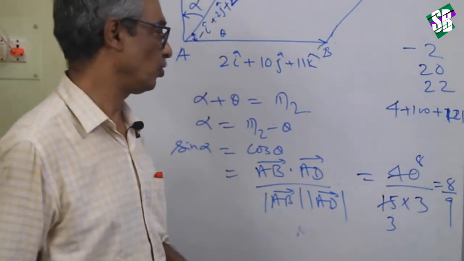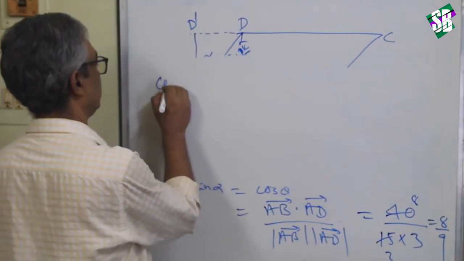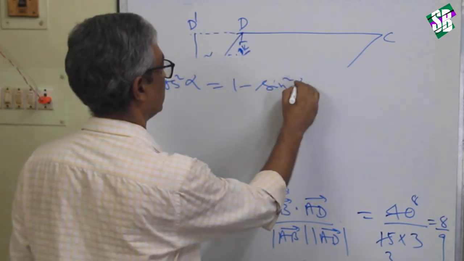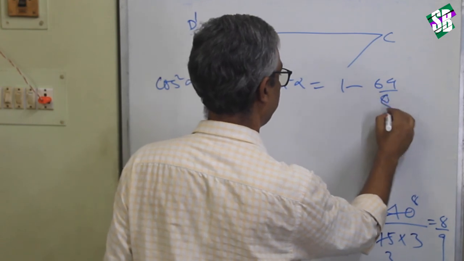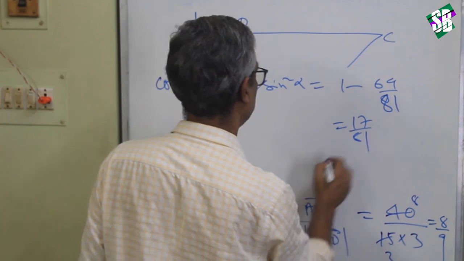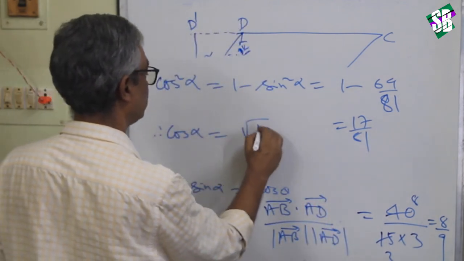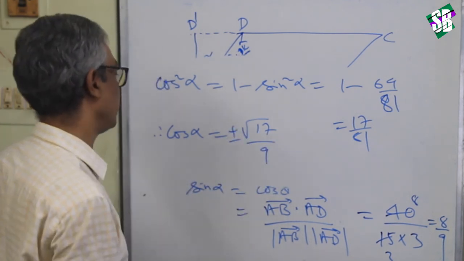But you have to find cos alpha. Then what is cos alpha? So now what is cos square alpha? Cos square alpha means 1 minus sine square alpha, means 1 minus 64 by 81. So this is 17 by 81. So therefore cos alpha equal to root 17 by 9, but there is plus minus.